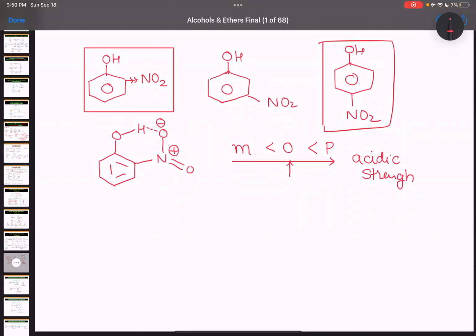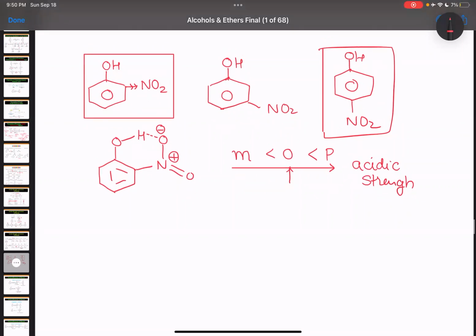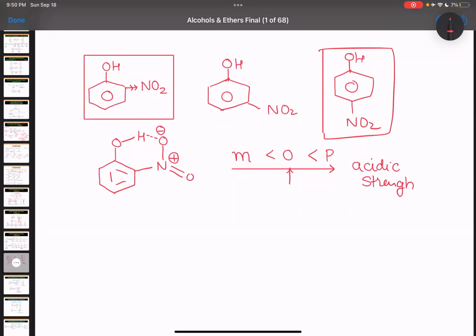And now the next thing is, what's the boiling point of orthonitrophenol and paranitrophenol? That again is a very common question.